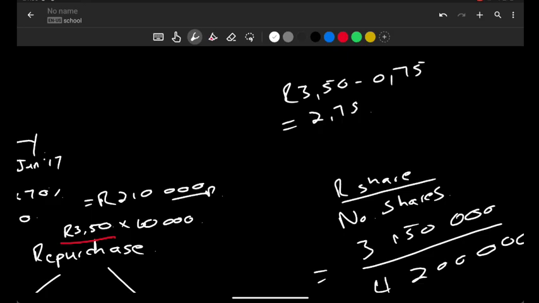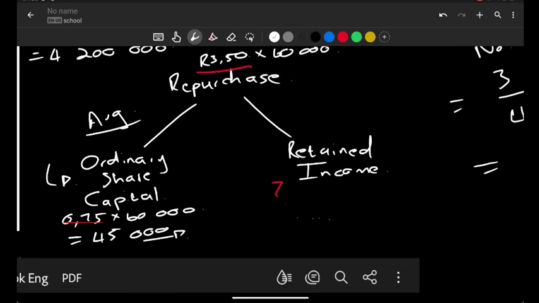Then this 2 rand 75 represents how much one share is going to be bought back by the amount in retained earnings, and we multiply this amount by 60,000 also, and then we get our full amount of 165,000.